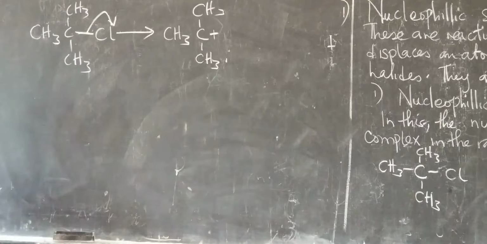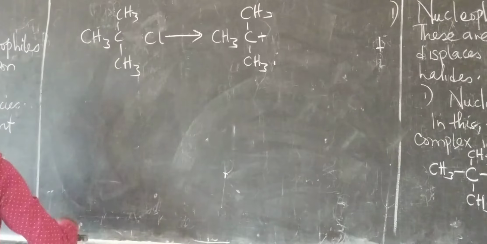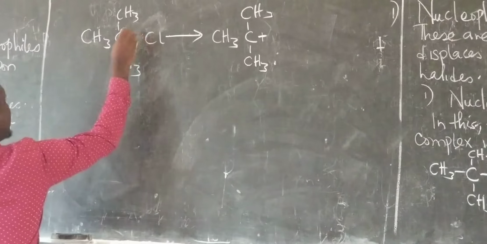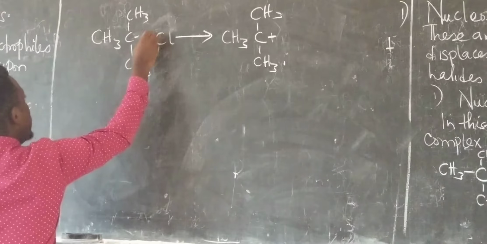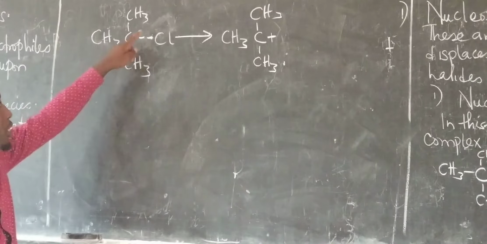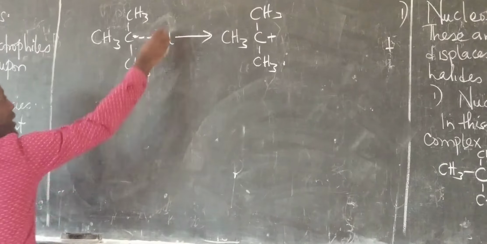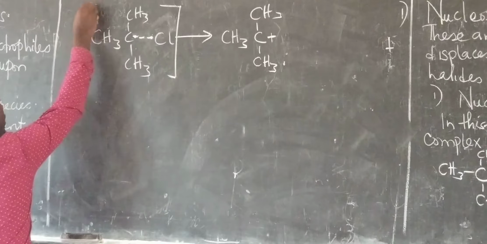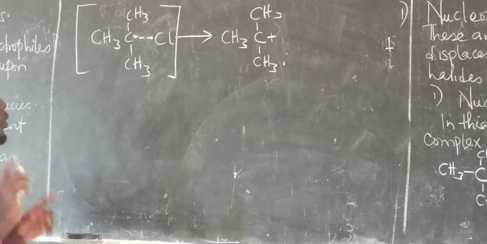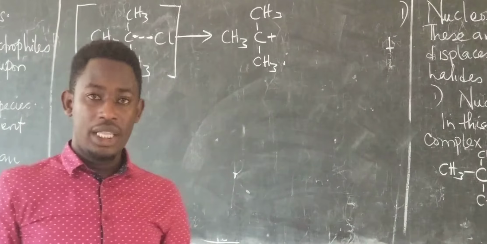So our activated complex in this case, we can use a dotted bond to show that we are trying to break the carbon chloride bond. Are we together? So this activated complex here has only one species that is being broken. Are we together?